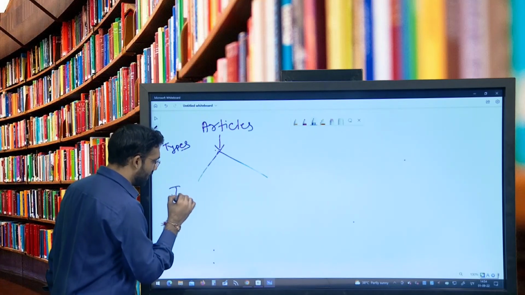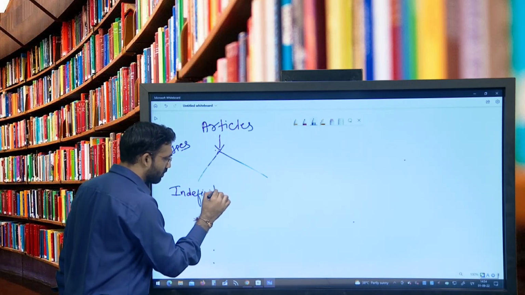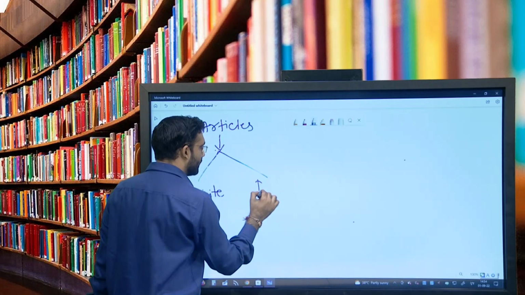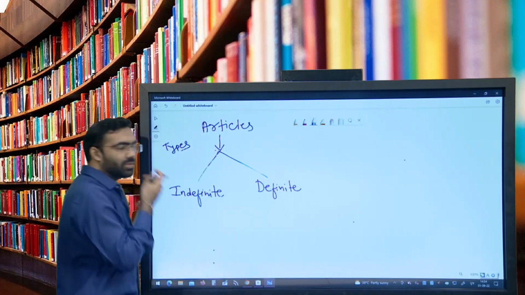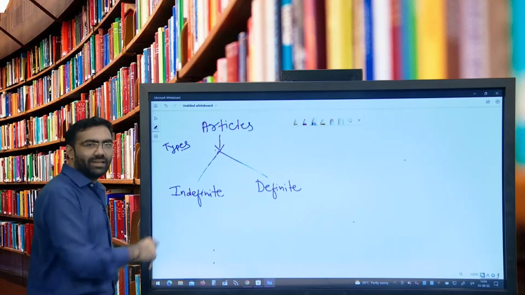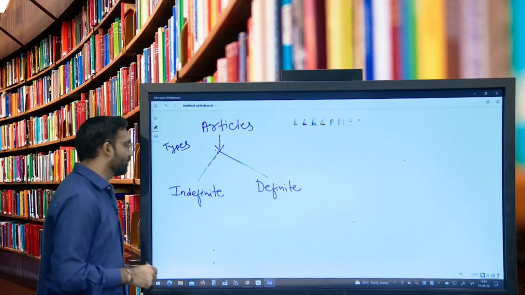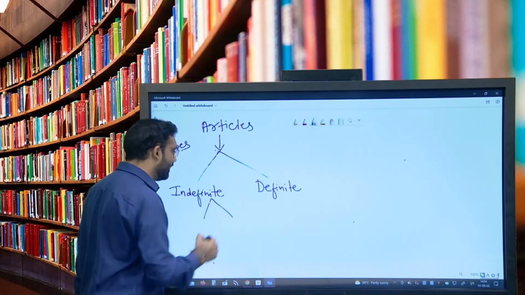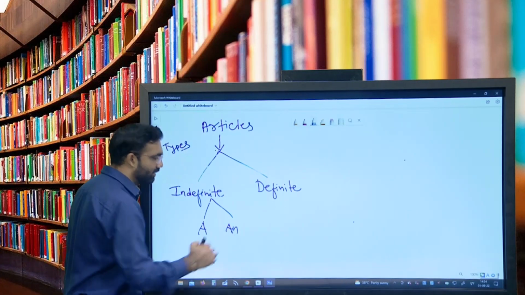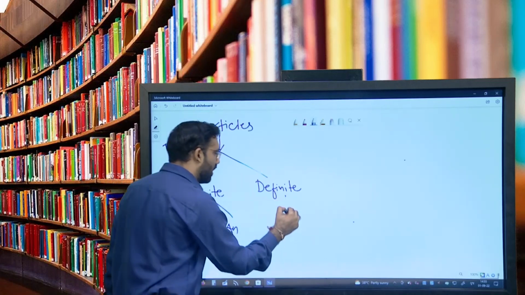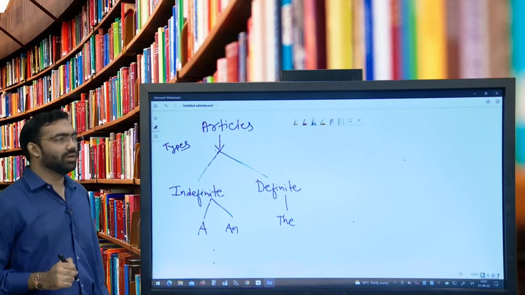They are known as indefinite articles and the other is called the definite article. Indefinite articles are a and an. The definite article is only one, the.